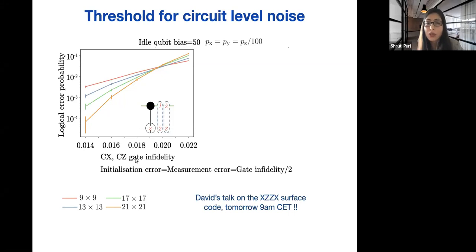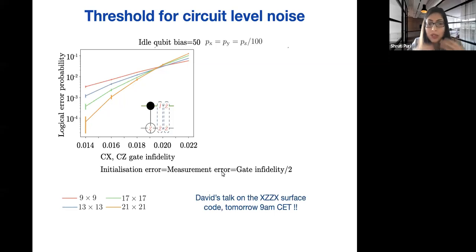So we're doing a full circuit level noise simulation. But here, just as a cartoon model, we're assuming that the CX gate is biased. Suppose this was the only type of errors that could happen. And we assume that the infidelity of the CX gate and the CZ gate is similar. And we assume that the initialization and measurement errors are half the gate infidelity.